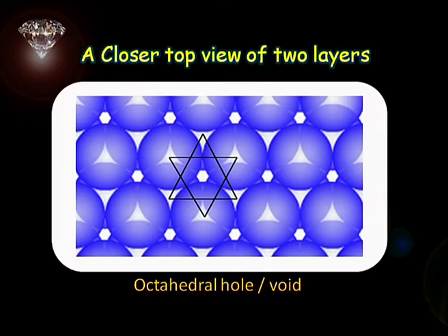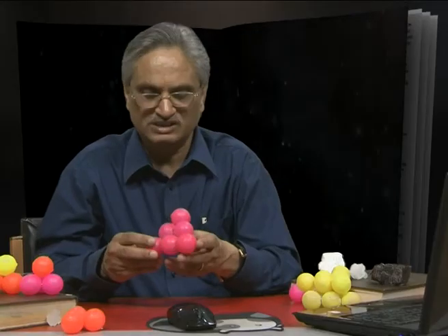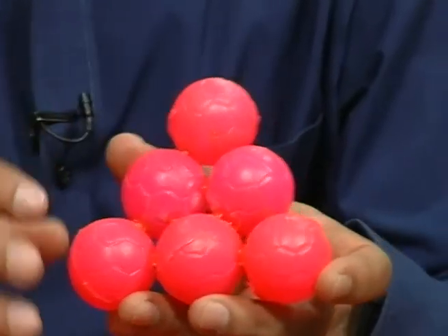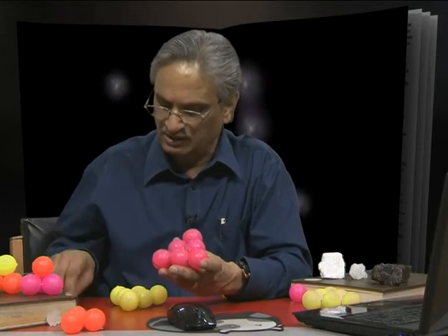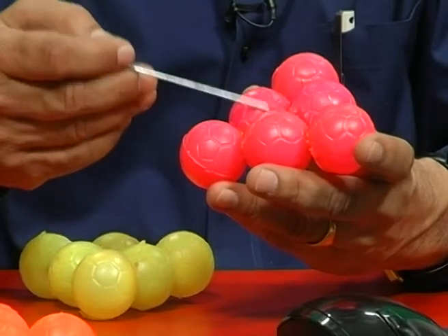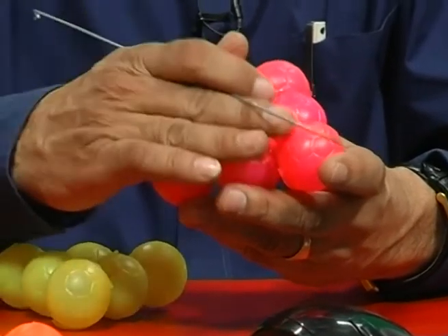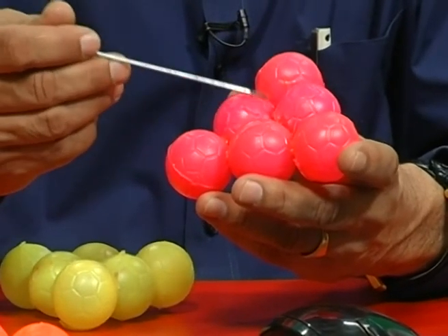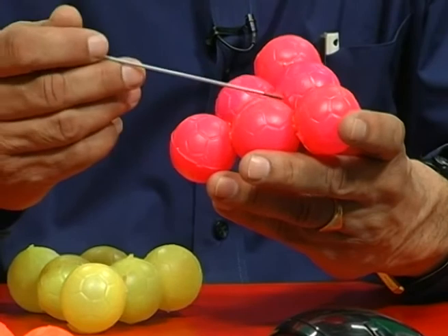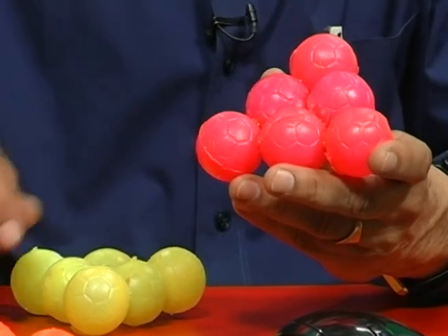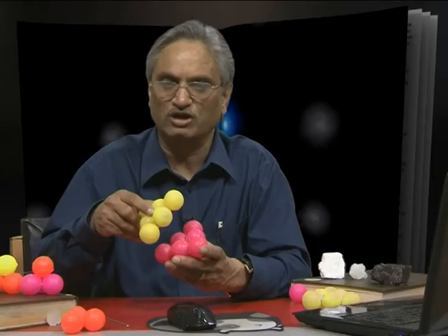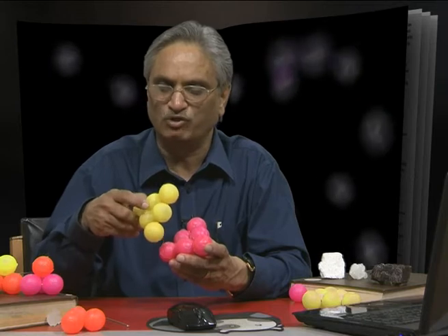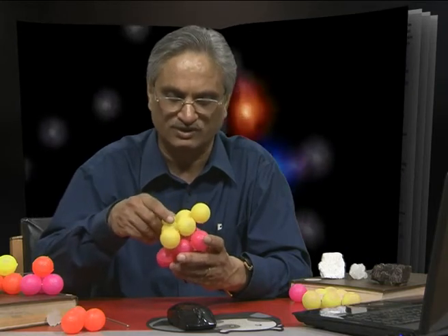Let me try to show it to you with the help of a small model here. Say this is my one layer, say layer A or layer 1, and this is my layer 2. Suppose this is my first layer. In the first layer this is a trigonal void of type A, that means the vertex pointing upward. On this I put my second layer in such a fashion that you have a trigonal void here whose vertex is pointing downwards, that comes and sits on that one.